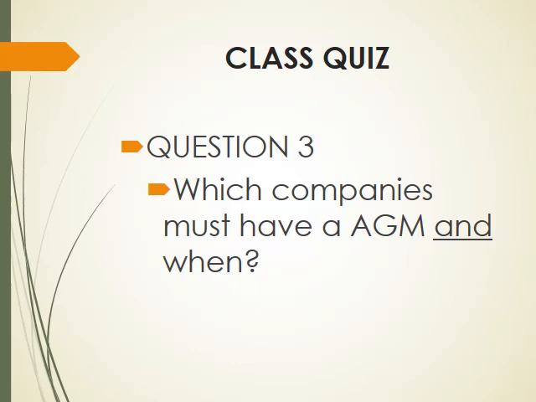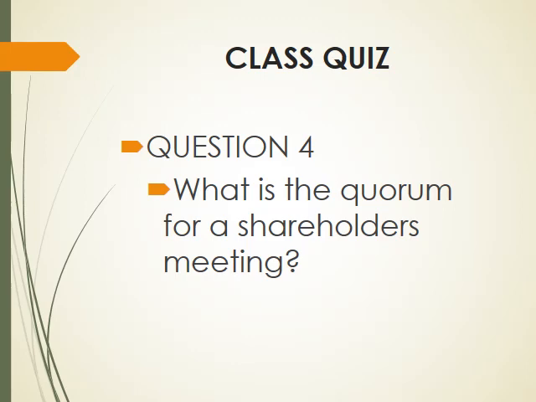Which companies need to have an AGM and when? We said that an AGM is a requirement for a public company, i.e. a listed company. And when? We said within 18 months of incorporation for the first AGM, and then within 15 months every year for the next AGM. What is quorum?